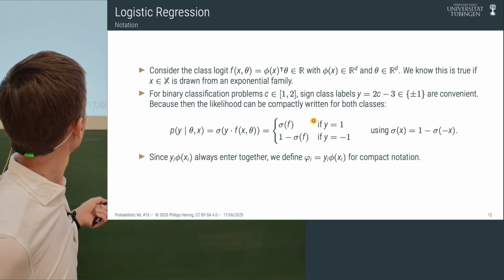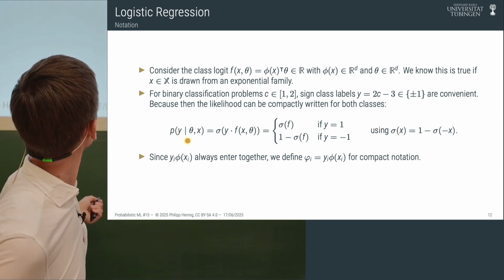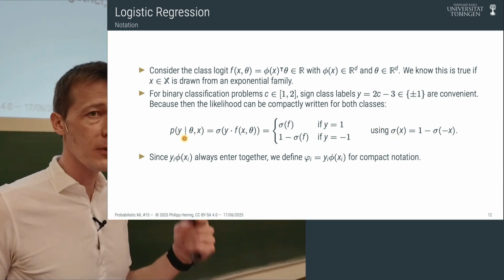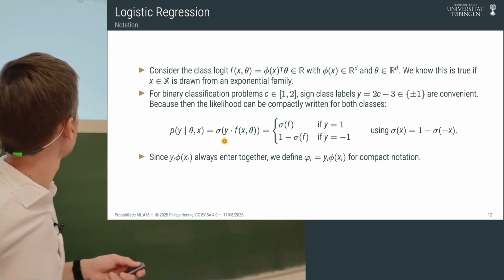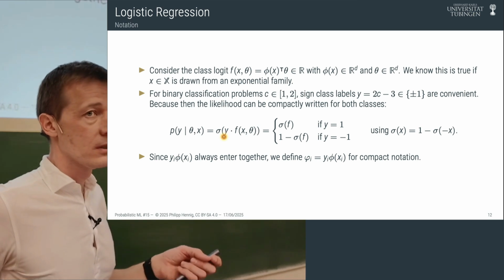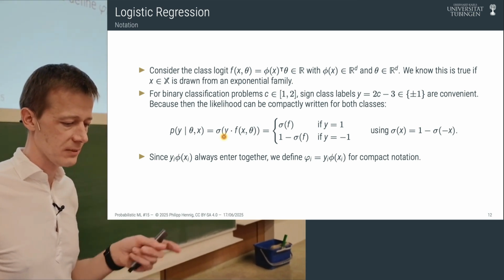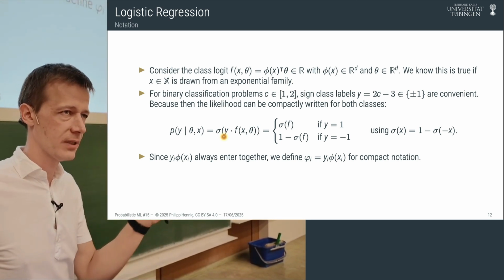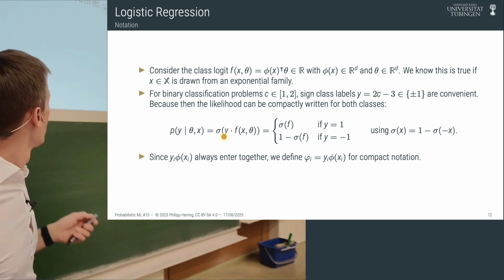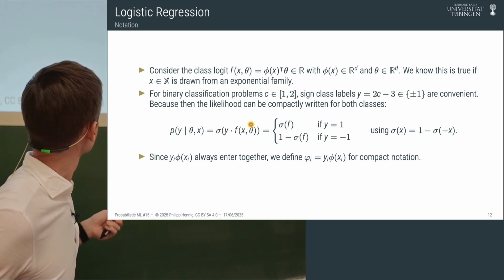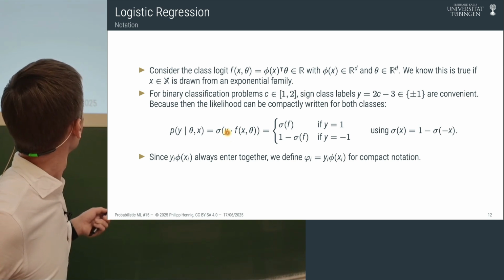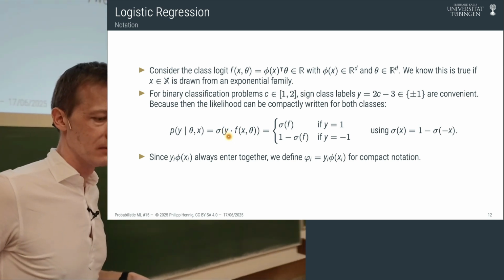So that allows us to write the output of the classifier for both classes, for y equal to plus or minus 1, as a single logistic transformation. So sigma here is our logistic, 1 over 1 plus e to the minus x, or 1 over 1 plus e to the minus the input to the function, where we now just multiply with the class label y.